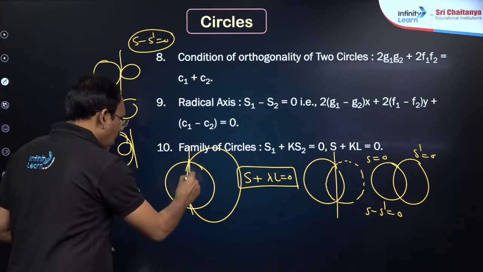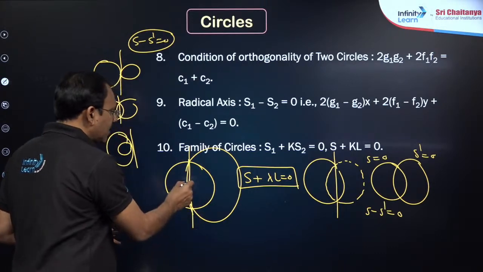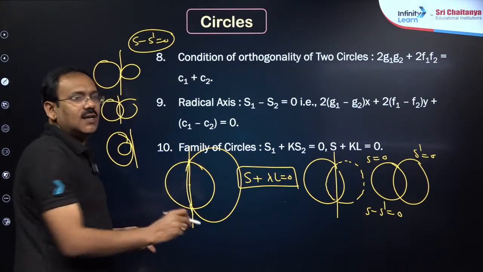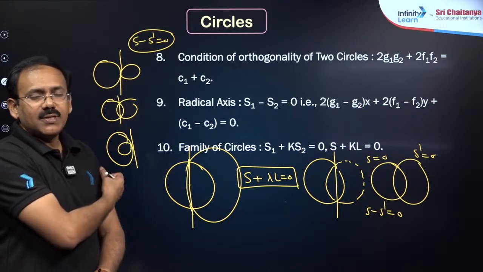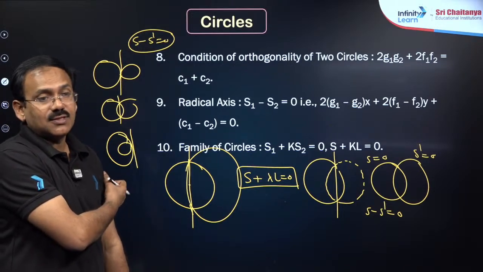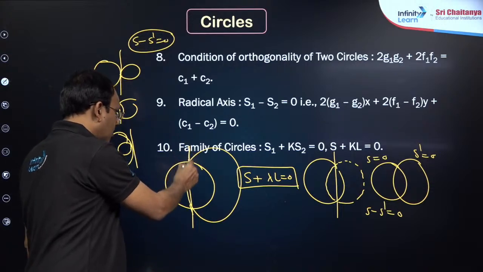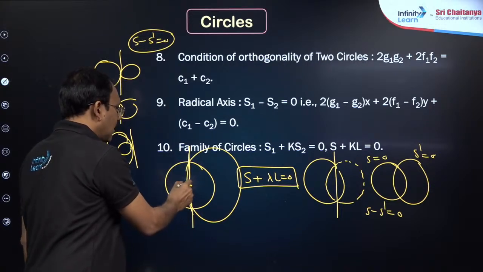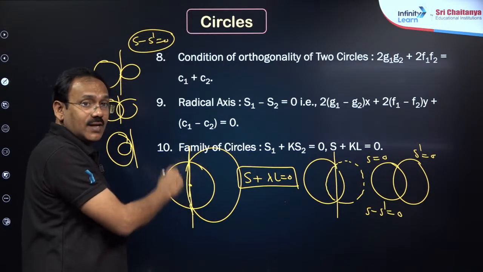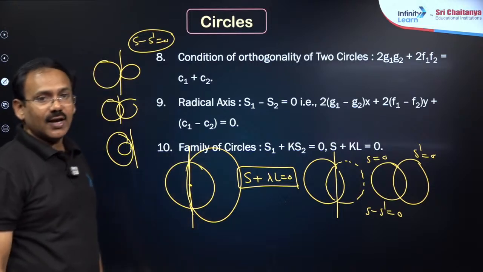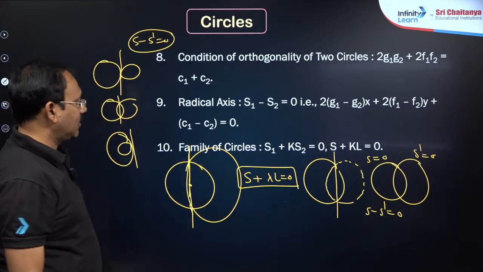That means the common chord is nothing but the diameter of this small circle. That problem is important, it has been given 4-5 times, so remember. You just find the common chord, and that common chord and the small circle's center will lie on this. That is a very, very important point.